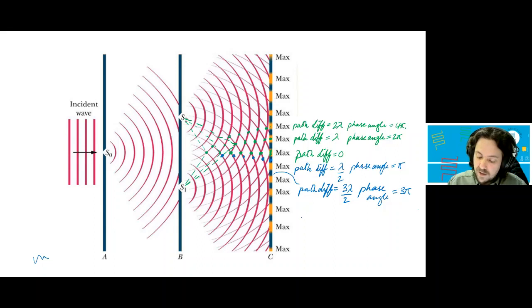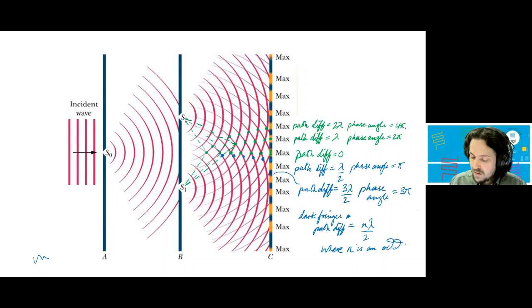Okay. So for the dark fringes, we have the path difference equal to n lambda by 2, where n is an odd integer.